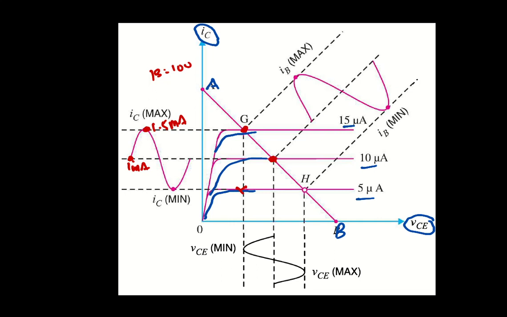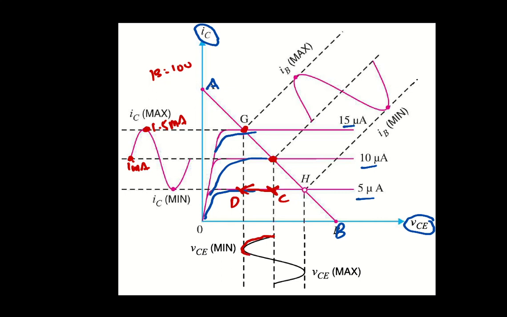For the initial point the VCE is this one, so the VCE has decreased from this point, let's say C, to D. So initially VCE is at C, and when collector current reaches 1.5 milliampere, the collector emitter voltage reaches the point D corresponding to the point G. So we can say that when collector current increases, the collector emitter voltage decreases to the negative minimum.